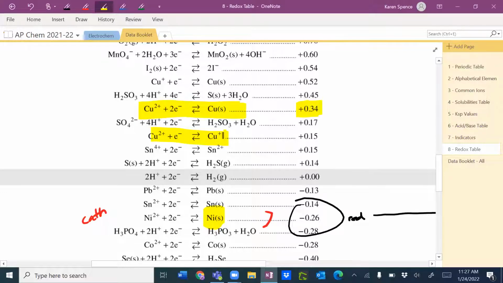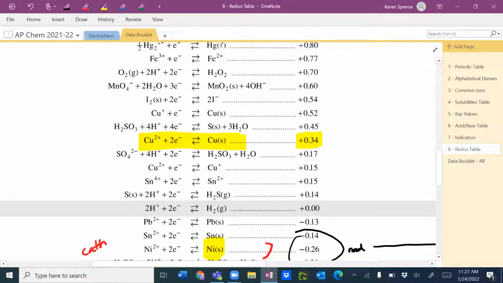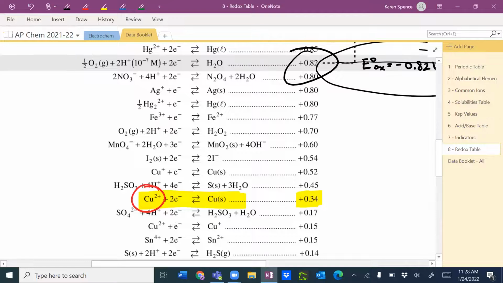So if we've got copper 2+, we're going to choose the 0.34 because that is a better reduction potential than copper 2+ going to copper 1. So who is not spontaneously reacting with copper 2+? We are looking for something that is higher up here. And I think silver was one of our options. Remember, that is a non-spontaneous reaction.